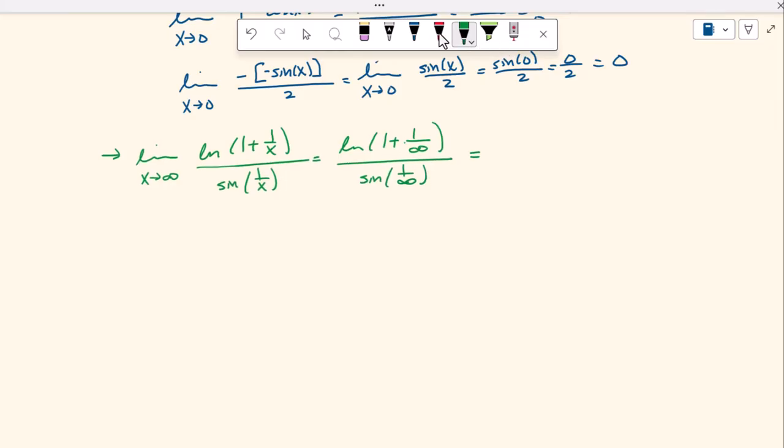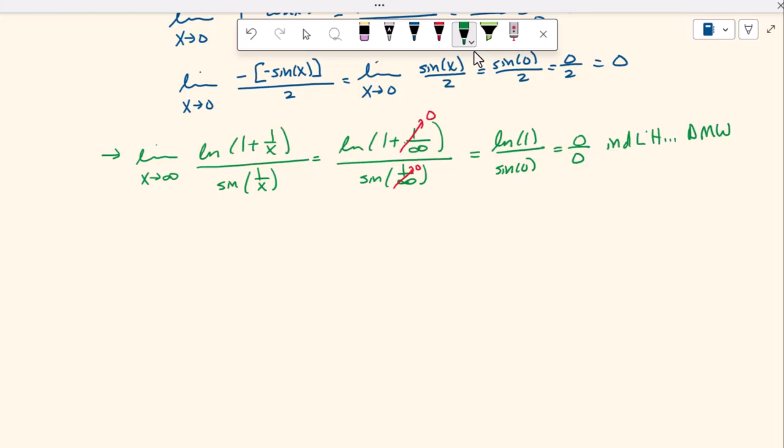If I have the number 1 and I'm dividing it by larger and larger numbers, so 1 divided by 100, 1 divided by 1,000, 1 divided by 1,000,000, 1 divided by 1,000,000,000, this is getting smaller and smaller and going towards 0, and so is this one. So on the top I end up with the natural log of 1, and in the bottom I end up with the sine of 0. Well, both of these are 0, so 0 over 0 is an indeterminate L'Hopital's form, and that means to do more work.